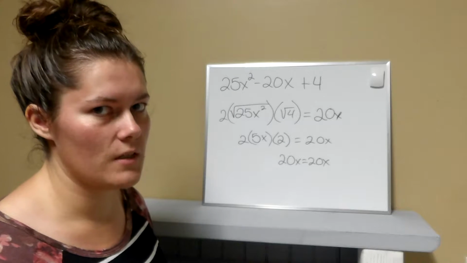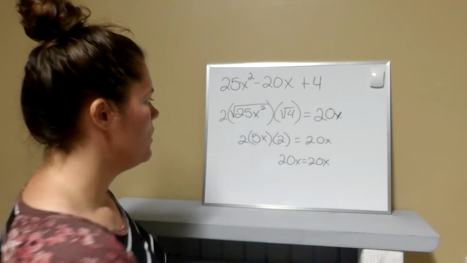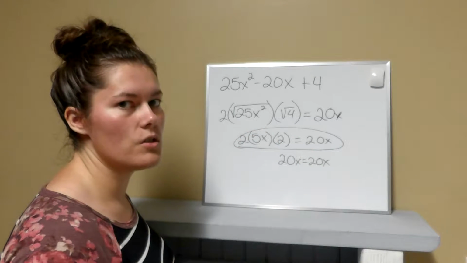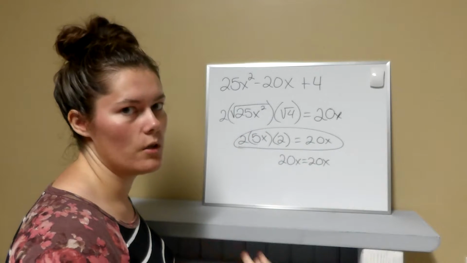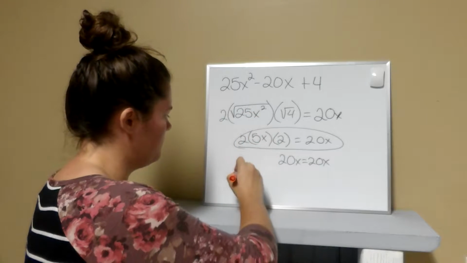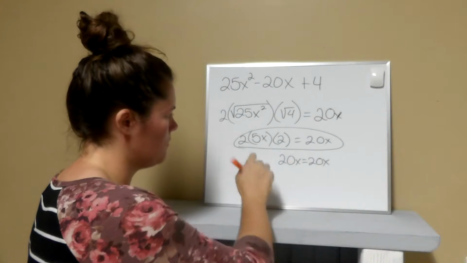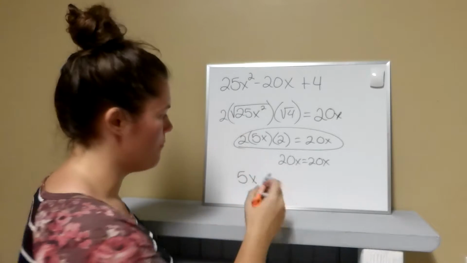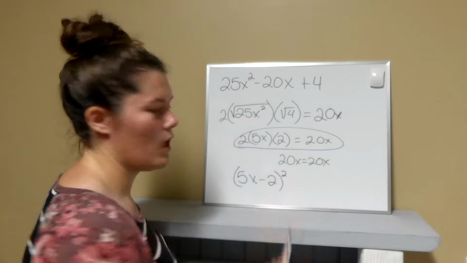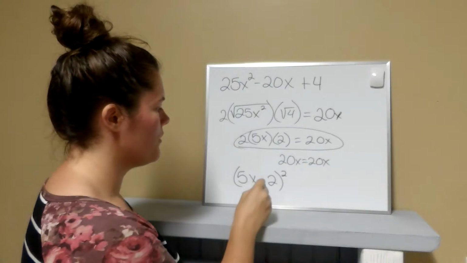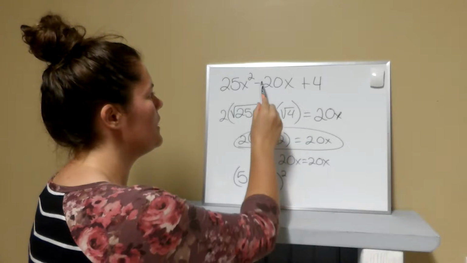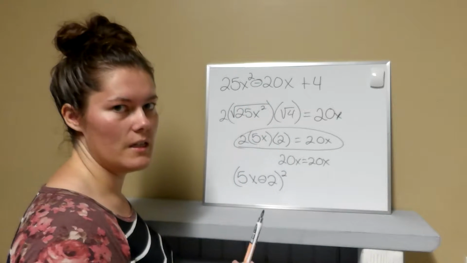Now how do you check to make sure that everything is correct? Well, you go back up to here and you turn it into a polynomial equation. So you would write it as 5x minus 2, and you're squaring all of that. The reason I put a subtraction sign here is because you have a subtraction sign here.